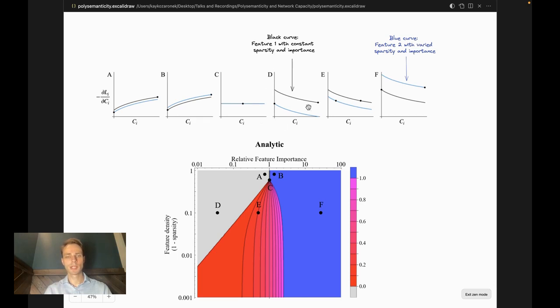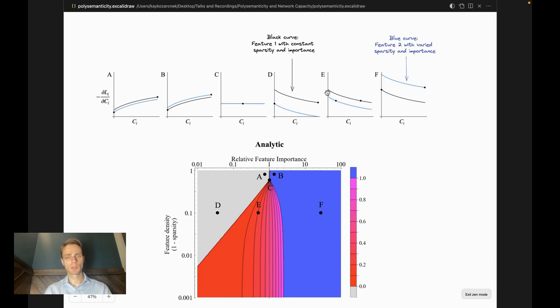Let us, for example, analyze point D. At point D, the marginal reduction in loss for feature 1 is so much higher than for feature 2 that we basically allocate all of our feature capacity to the black feature and no feature capacity to the blue feature. Contrast this with point F, where we have the opposite.